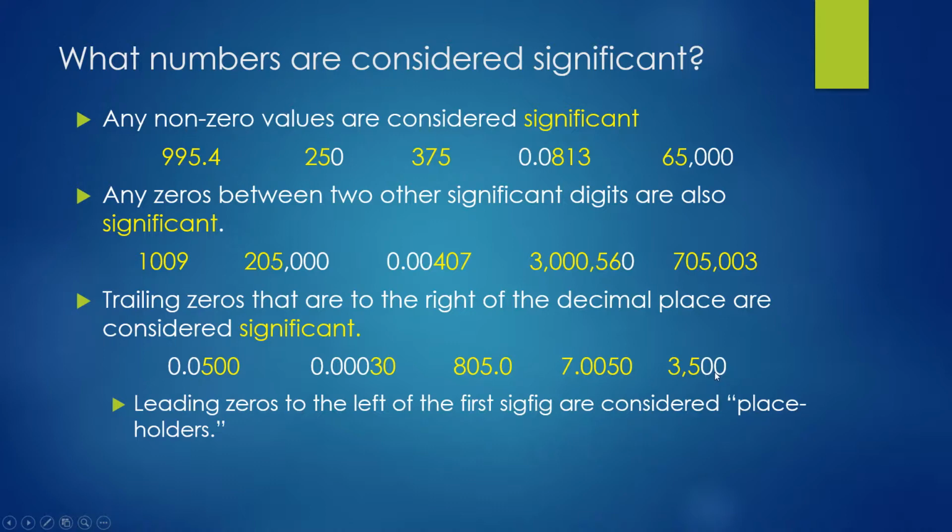These zeros are not significant, where something like this, the zeros are significant because they are trailing and to the right of the decimal place. The leading zeros in these examples that are to the left of the first significant figures are considered placeholders.